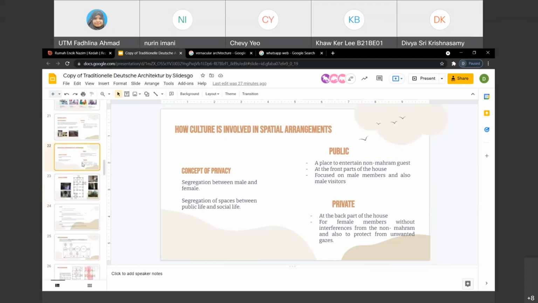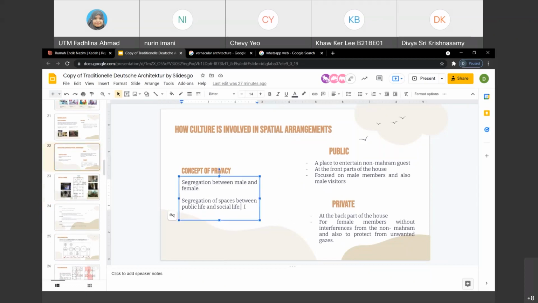Usually the segregation is between the guests and the homeowners, because they can control who can enter each space. You just show your plan.